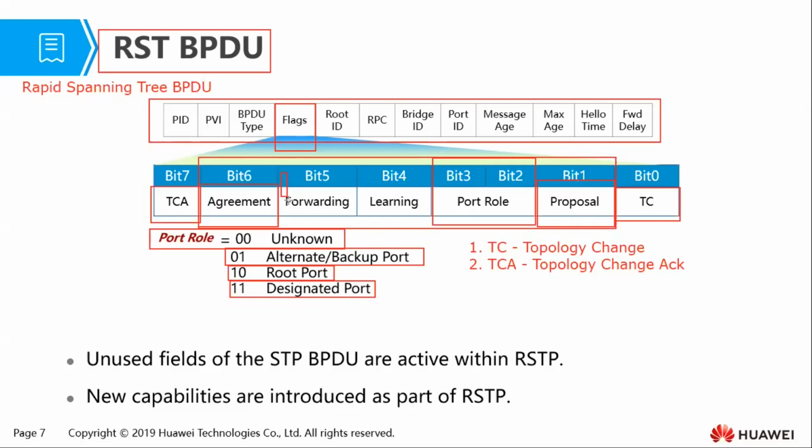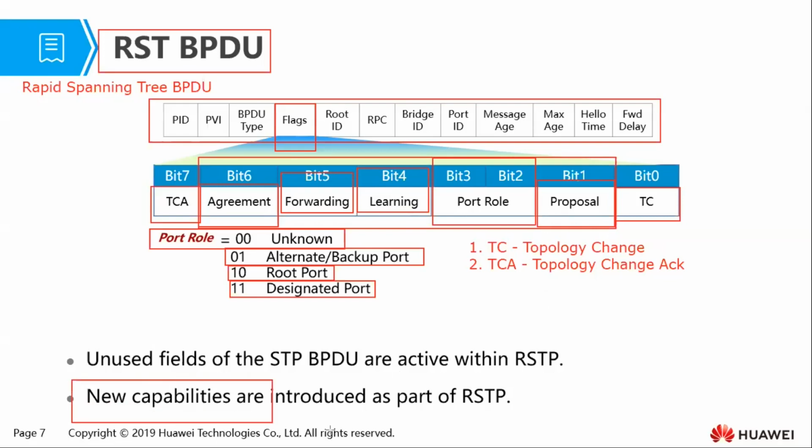Then here, the state. If the port is in the forwarding state, this bit will be set to 1, otherwise it will be 0. If the port, on the other hand, is in the learning state, this field will be set to 1, otherwise it will be 0.